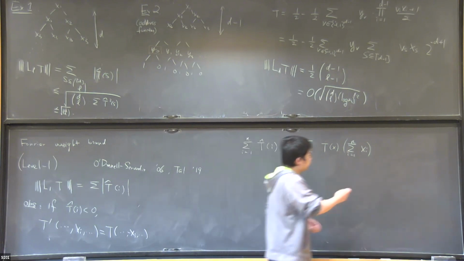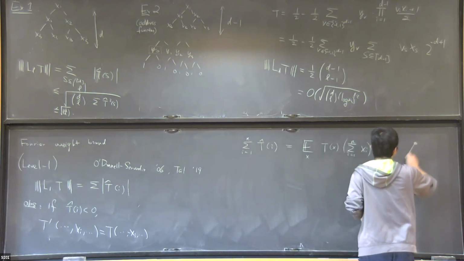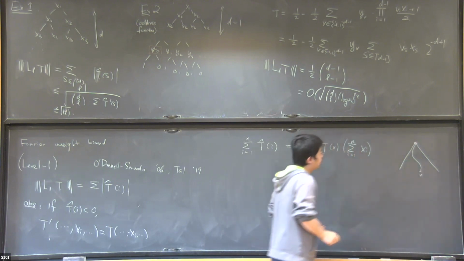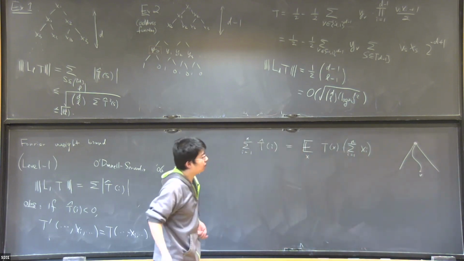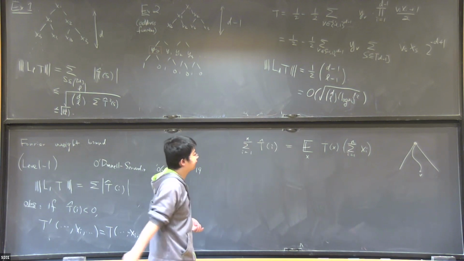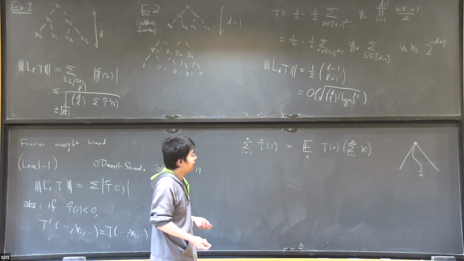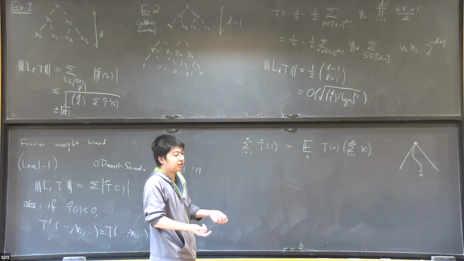But because we have this decision tree, we can also first sample a subcube specified by a leaf, that is, sample a leaf, and then sample an input inside that subcube.